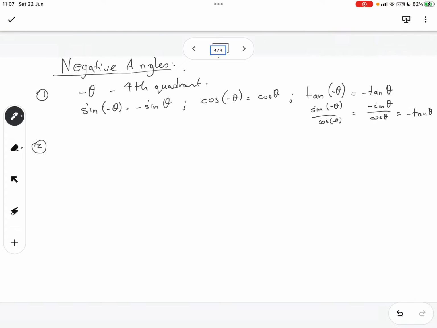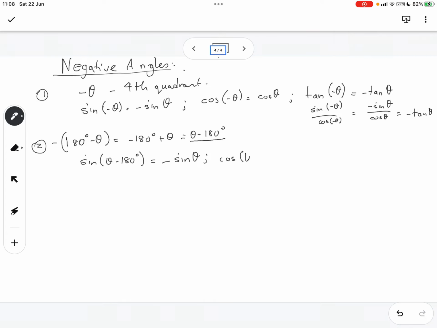The second case: the angle negative 180 plus theta, which is theta minus 180. So this is also fourth quadrant. If we have a compound angle like this, then sine of theta minus 180 degrees becomes negative sine theta.